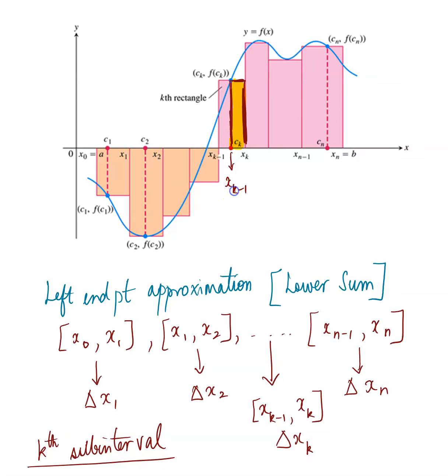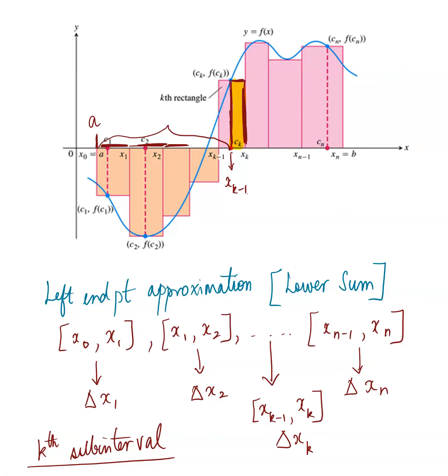If I need to get xk minus 1, I have to start here at a and then add this distance, right, to get to xk minus 1, which is the left end of the interval. So how do I get there? That's basically x naught plus this width plus this width plus this width. And because we know that all these widths are the same, the width will be in each case b minus a over n.